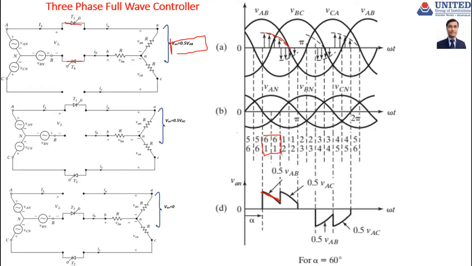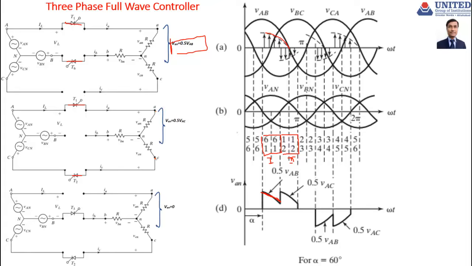Similarly, when thyristors 1 and 2 are conducting, this is the second interval we consider. When 1 and 2 are conducting, again the line voltage appears across the load.